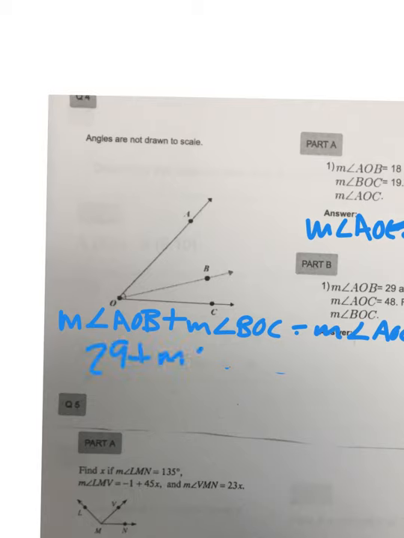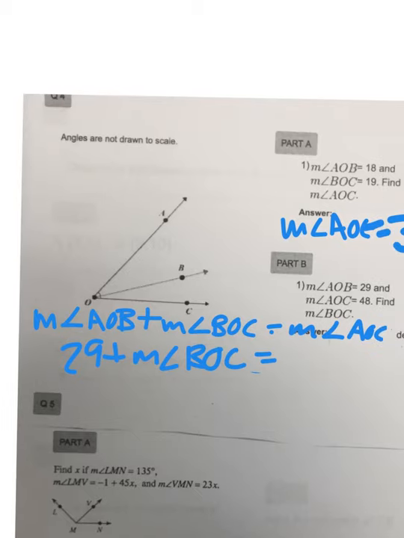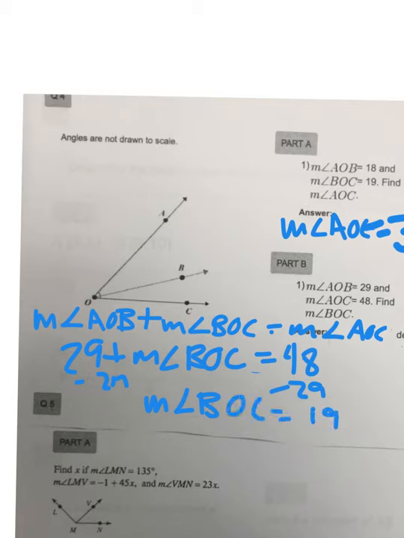I don't know BOC. And AOC is 48. Okay. Subtract 29 on both sides, and I get that the measure of angle BOC is equal to 19. All right. 19.